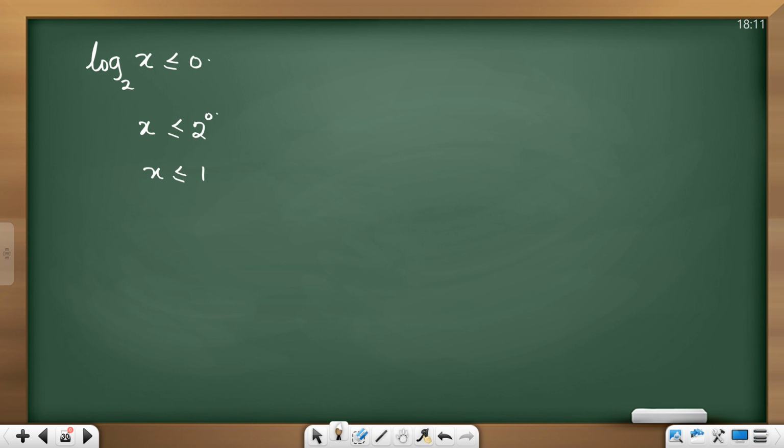Now, there's a problem. If you leave your answer like this, I said something earlier on. When I spoke about b, I said log base a of b, but b cannot be less than 0.